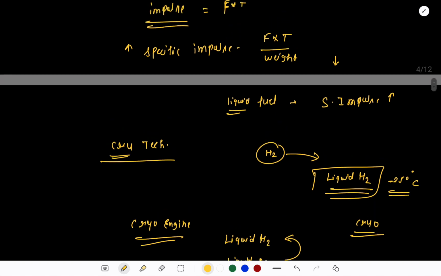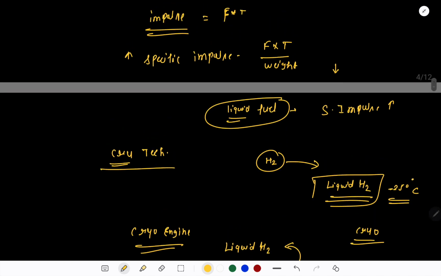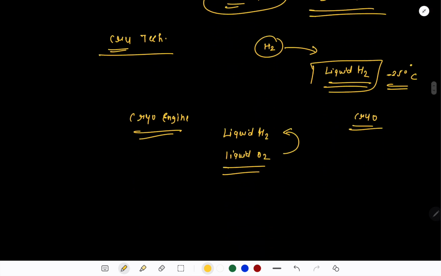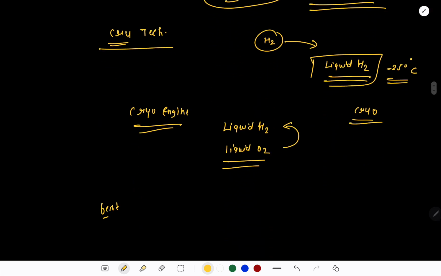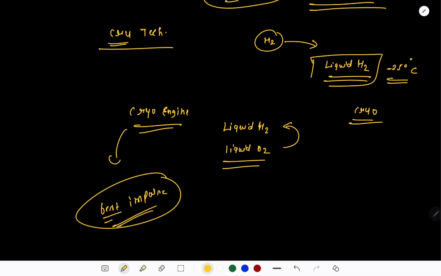And as I told you, liquid fuel gives a very great impulse. Talking about the best impulse, from where can we have it, and why are we focusing only on impulse? Because impulse gives us a lot of control over the engine to be placed at a particular orbit. Got the point? So the best impulse will be provided by this cryo engine.